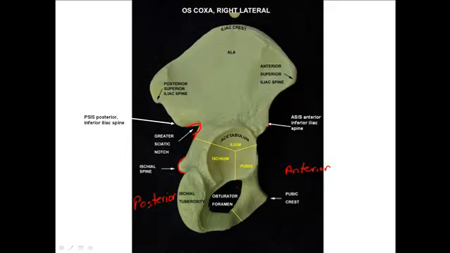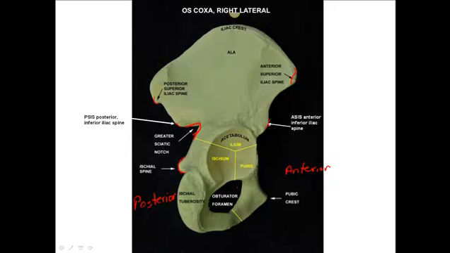Then we have, and these landmarks just help us with our muscle attachments and veins and arteries and nerves as they run through this area. It just helps to identify the locations of those other structures. So this is the anterior side. So we have a little spine here, a little spine here, a little spine here, and a little spine here. So since this is anterior and it's superior to this one, we'll call it the anterior superior iliac spine.